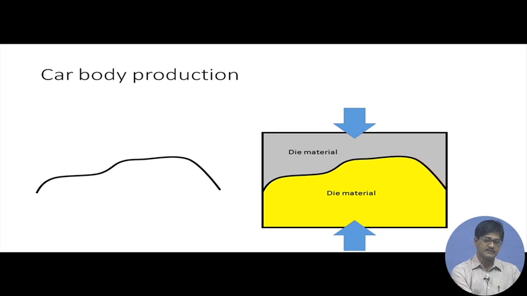These die materials can be very hard, of high strength, and temperature resistant, and it will be difficult to remove material from a block and obtain these 2 die faces.